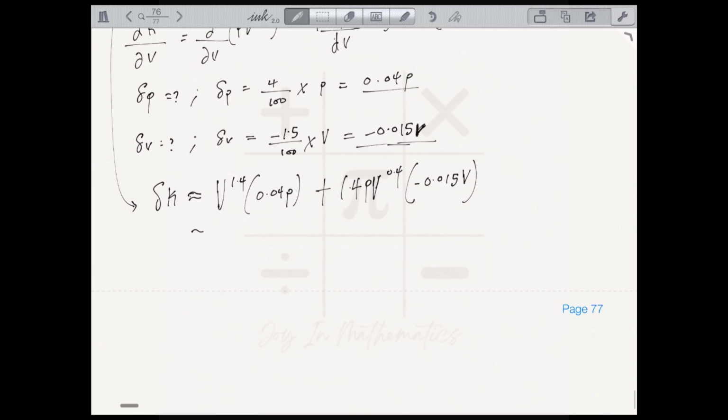Now with this done, we can simplify further, and this will give us 0.04 PV raised to power 1.4, and then 1.4 multiplied by 0.015, and that will be 0.021 PV raised to power 1.4.